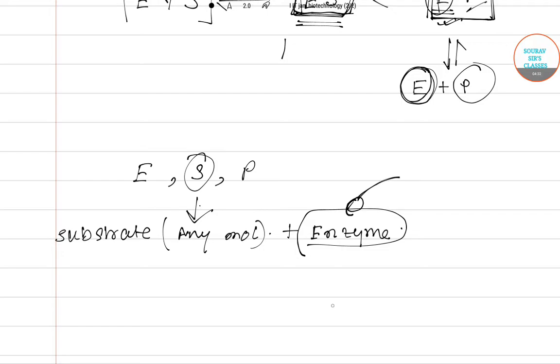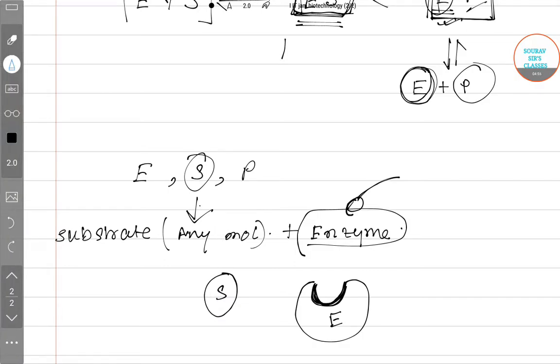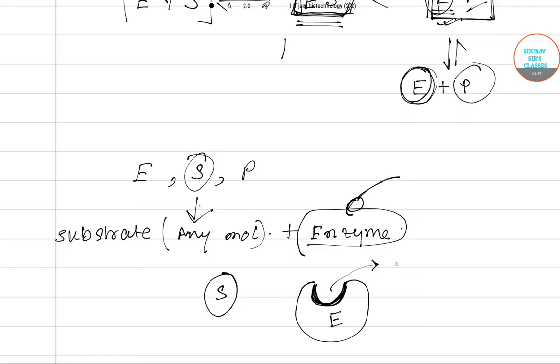Suppose this is the enzyme and this is the substrate, this is S, this is E. Now this is actually the active site where the substrate will bind to the enzyme for its activity, and that is what we call the active site. This is the site or the region we call the active site.